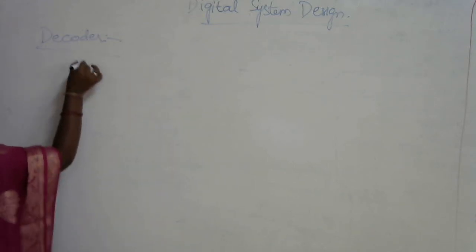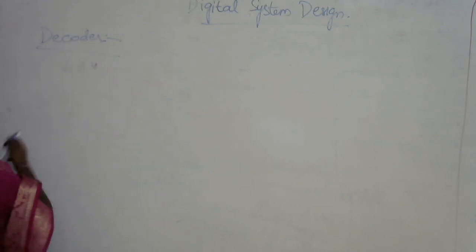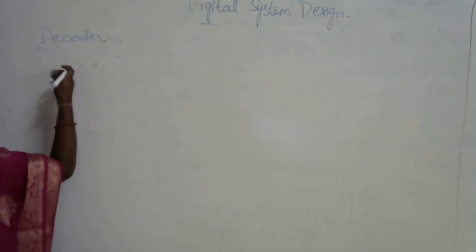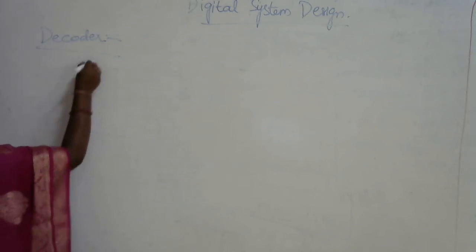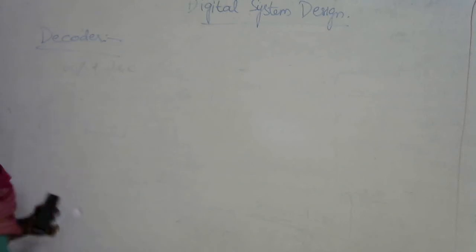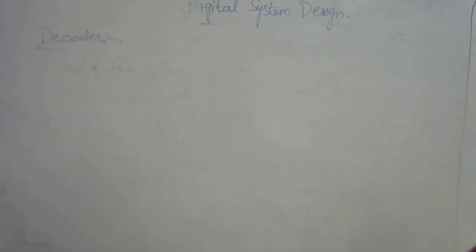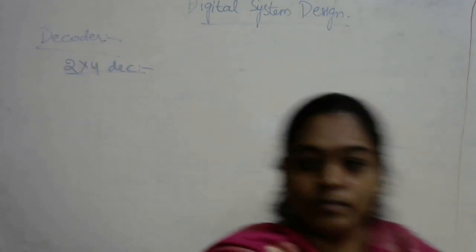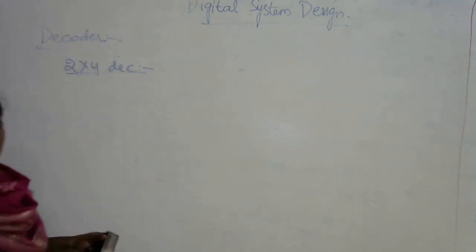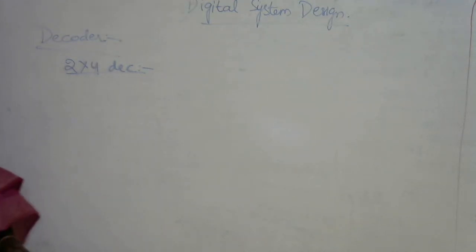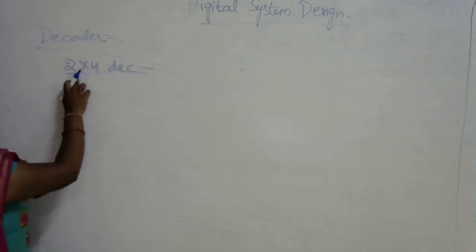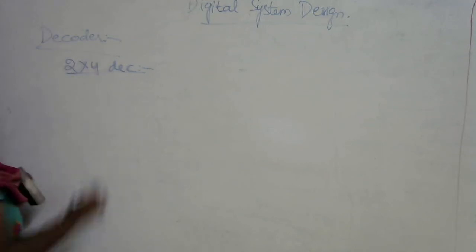The first type of decoder is the 2 by 4 decoder, which consists of two inputs followed by 4 outputs.